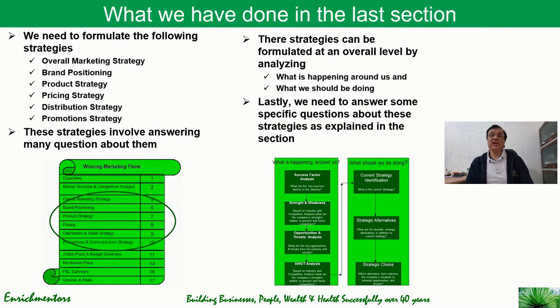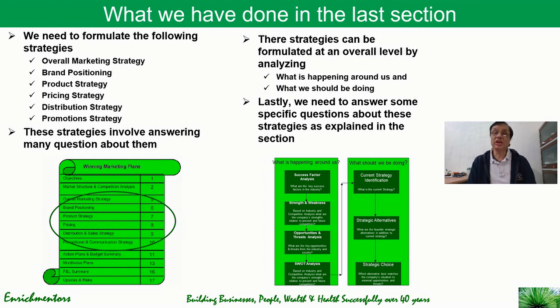So let's quickly recap what we have done in the last section. We have looked at the 6 main strategies we need to formulate: overall marketing strategy, brand positioning, product strategy, pricing, promotions, and distribution and sales strategy. We've also seen that these strategies involve answering many very specific questions. And these strategies can be formulated at 2 levels.